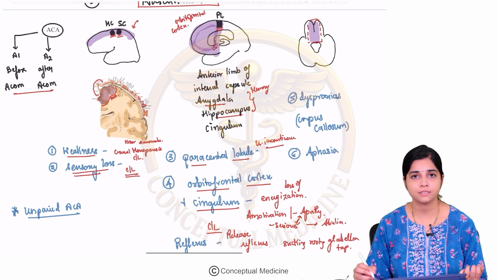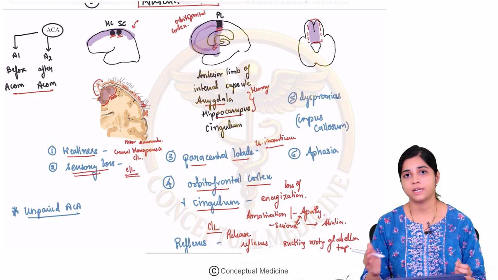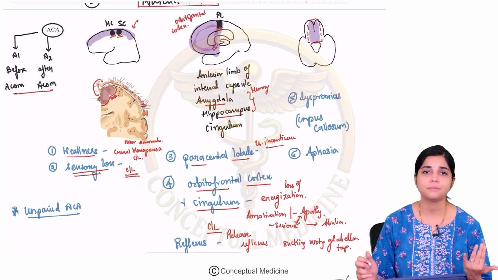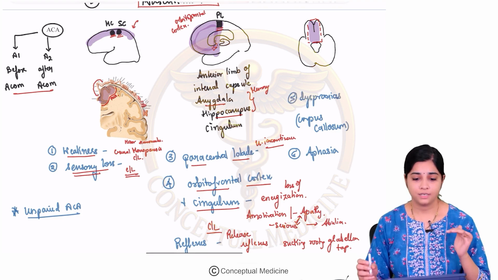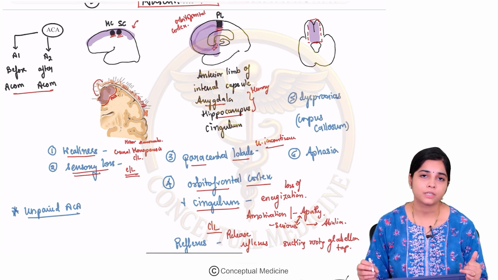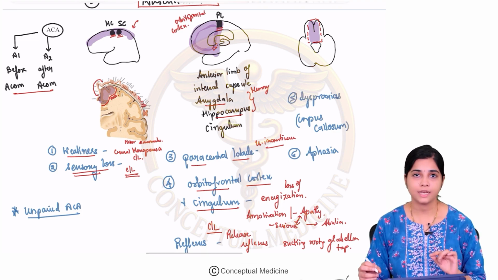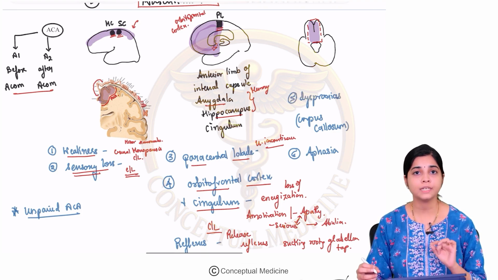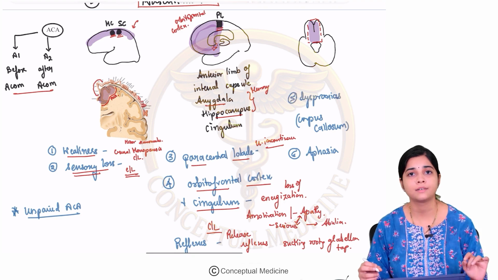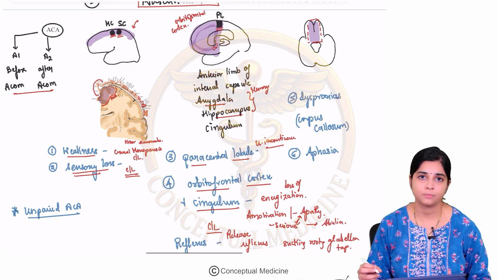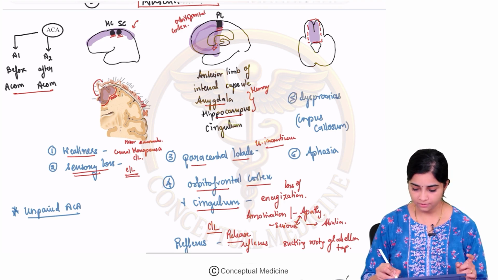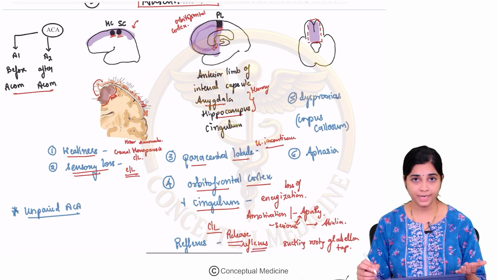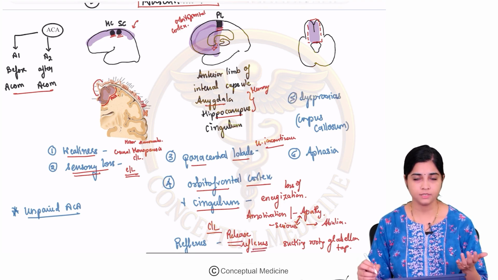Similarly, the rooting reflex as well. As the child grows, these reflexes are lost. They are not present beyond a particular age. But in lesions of your orbitofrontal cortex, you can have these signs coming back. So you can have these reflexes on the contralateral side because of damage to your orbitofrontal cortex, and this is what we call release reflexes. So you can have a contralateral sucking, rooting reflex and so on.